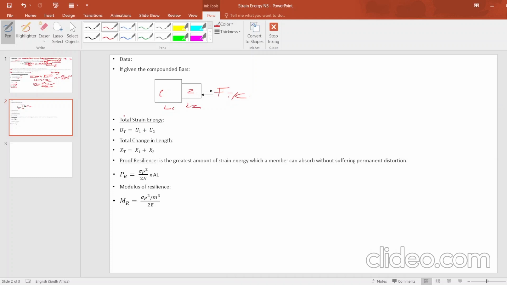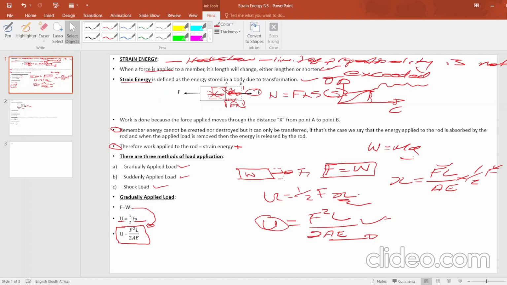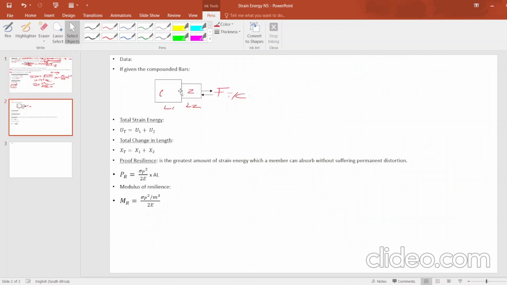We said it is this formula in calculating the strain energy under one member. Now, if you have a compounded member, that means you have U1 plus U2, right? Then in calculating the total strain, the fact that they are connected in series, this is the formula that you will be using.